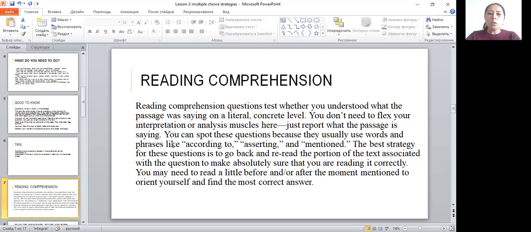In such questions, you can see phrases like "according to," "asserting," or "mentioned," and you should read a little before or after the mentioned moment in the passage, and try to use your orientation and find the most correct answer. This is a literal and concrete level which you have to use in reading texts.